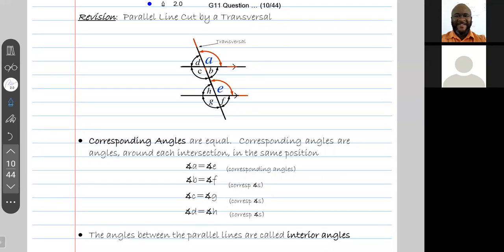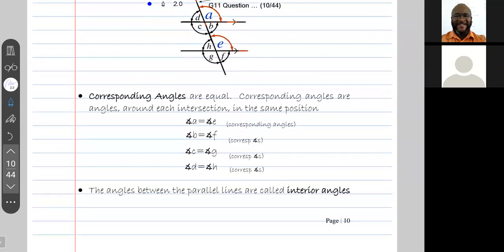B is equal to F, B is equal to H, and C is equal to G. Those are corresponding angles.